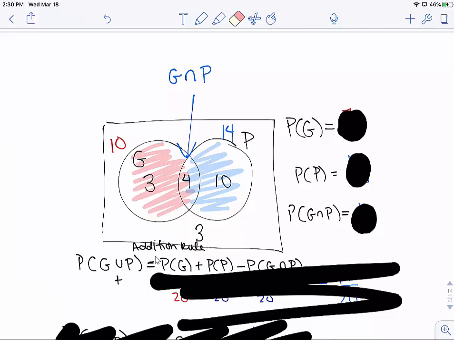Okay, so the probability of garage then is 7 out of 20 because we have 3 that just have a garage, 4 that have both, 10 that just have a pool, plus 3 that have neither, so that's 20 total, and 7 of those in the red circle have a garage. So the probability of pool would be 14 out of 20, and garage and pool then would be that 4 out of 20.